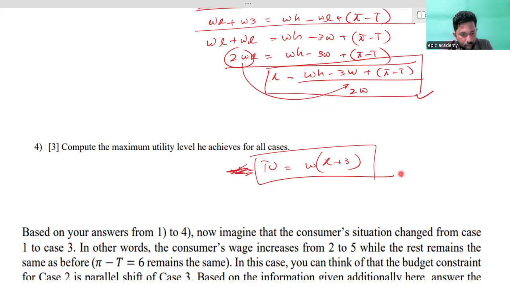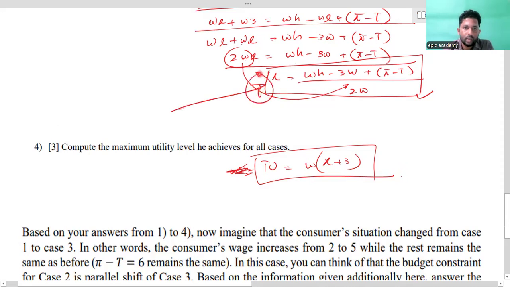H always becomes 12. That is the equation. You can utilize this L equation at each and every point, to understand the value for L.